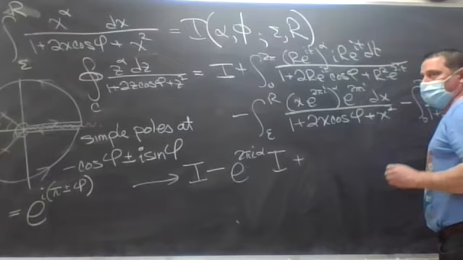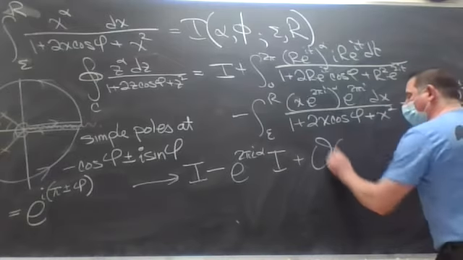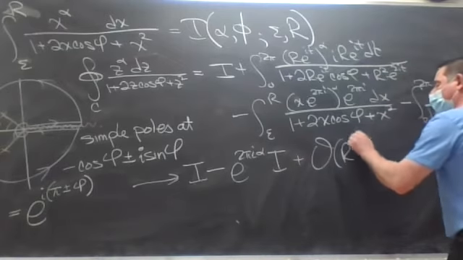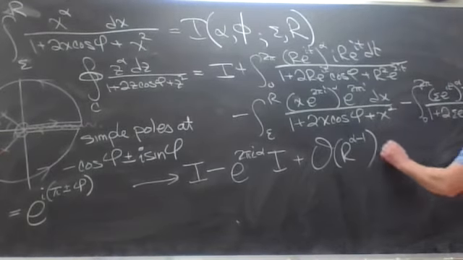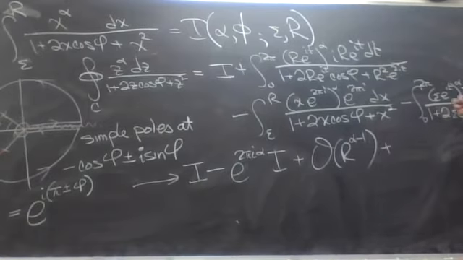I'm going to write that as order of R to the alpha minus 1, just because I don't want to write it all out. Here, it's going to be epsilon to the alpha plus 1 divided by, epsilon's going to 0, so those two terms don't matter. So this is going to be order of epsilon to the alpha plus 1.